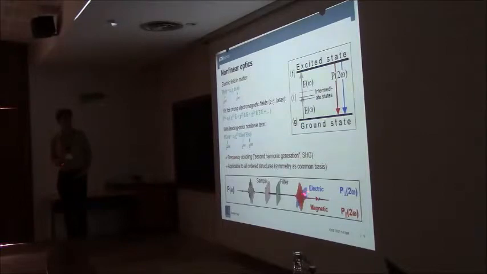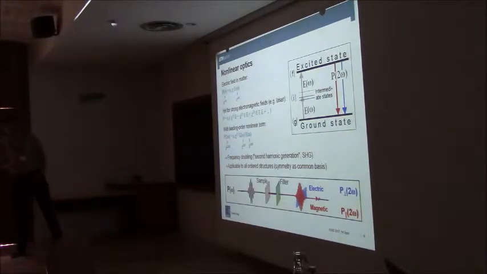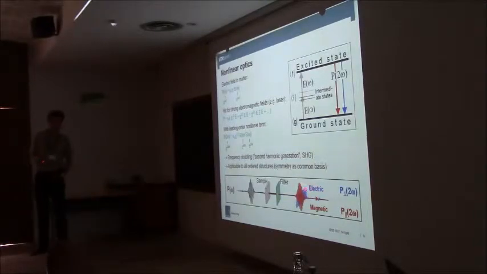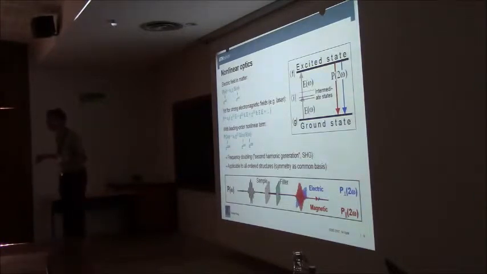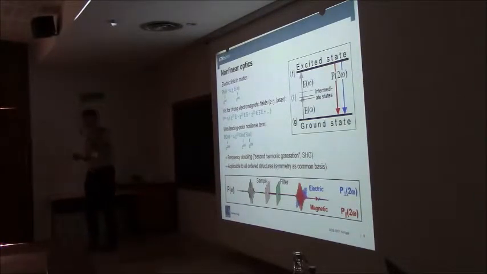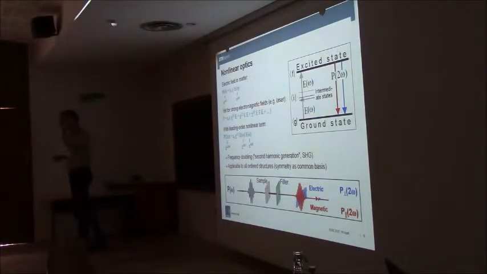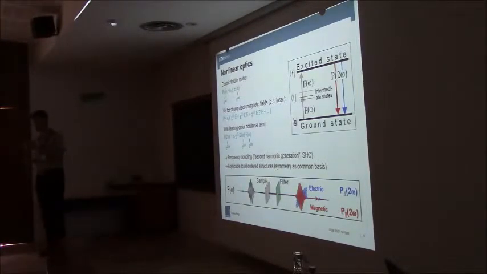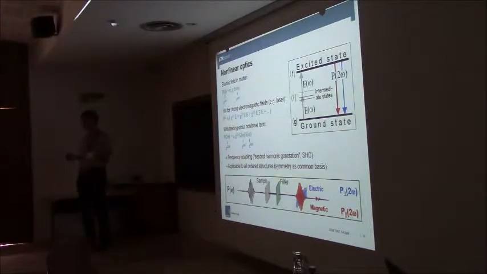That means by looking at differently polarized second harmonic emissions, you can say, okay, this polarization gives me information about the ferroelectric structure, this polarization about the magnetic structure. And that's the best thing you can have. You see in a single material with the same technique, the electric structure, the magnetic structure, and therefore also the magnetoelectric coupling. It's ideal for looking at multiferroics. That's why I'm talking about this here.